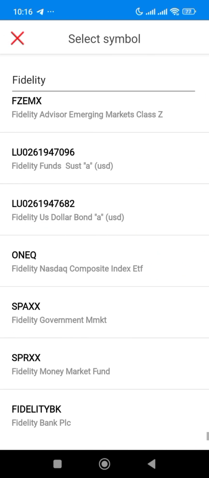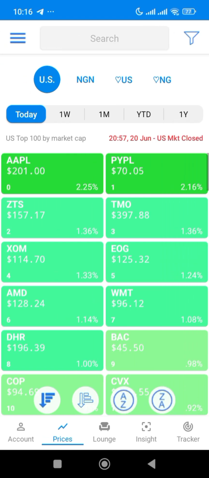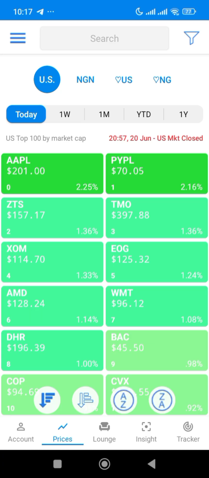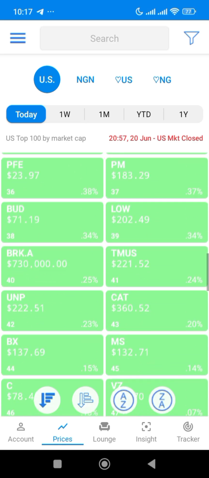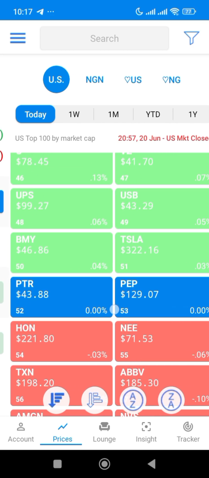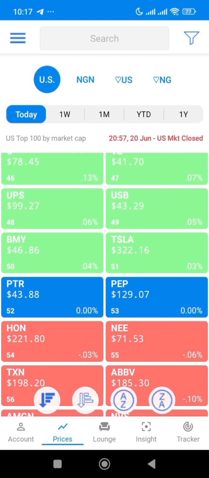I just want to show you something. The stocks over here that are green mean that the value of the stock increases. The ones that are light green mean it slightly increased. Then the one on blue means that the value did not increase, and it didn't reduce.